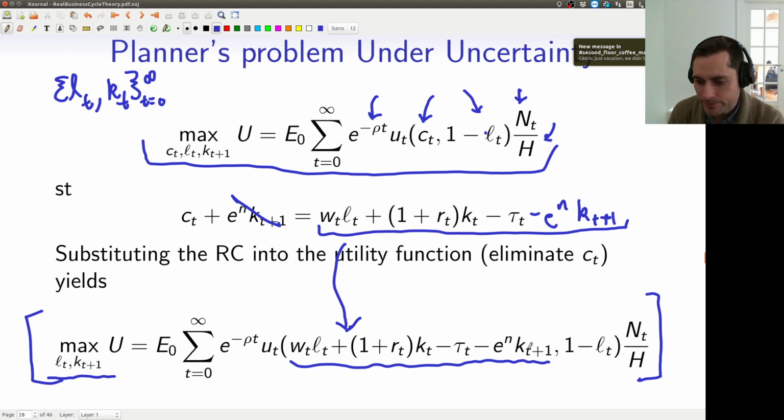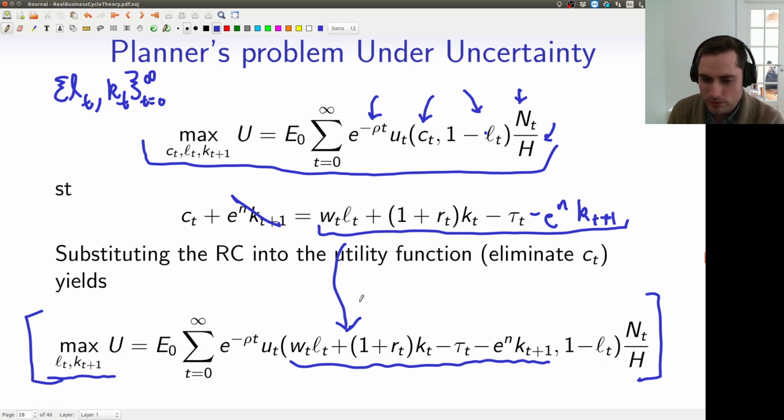So that's going to be period 1 here. And then when we iterate down to period 1, then k_1 is going to be here. So we're going to have k_1 enter once with a negative sign and once with a positive sign. So again, we can do this maximization in an unconstrained way because we have the capital entering with both a positive and a negative sign.